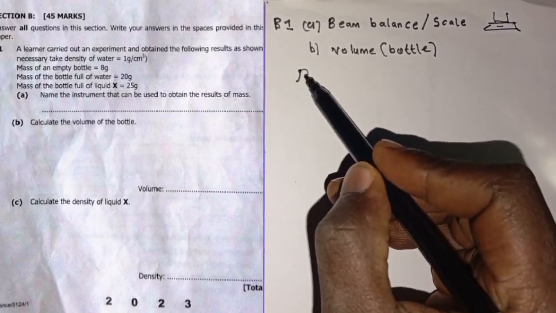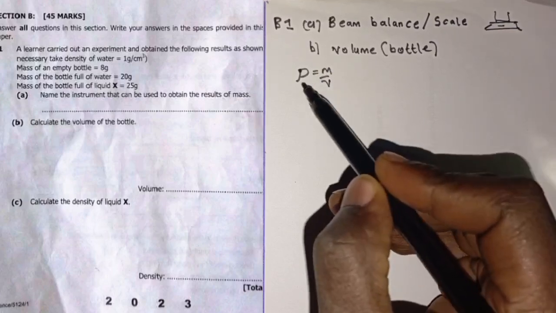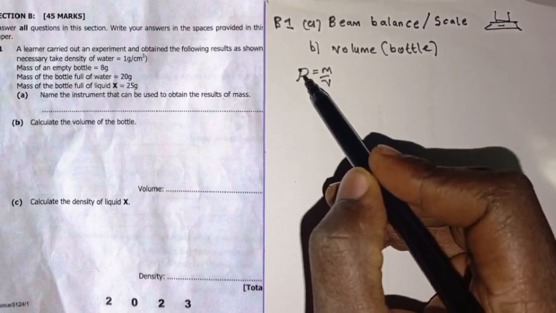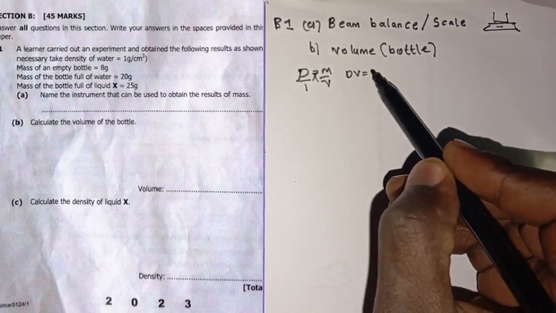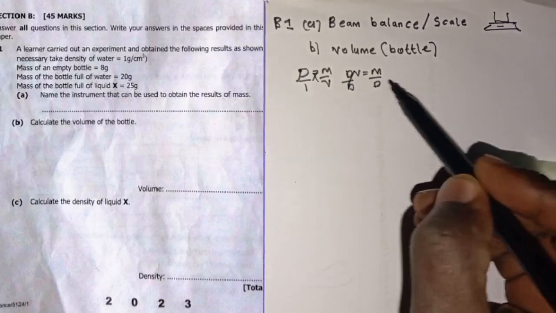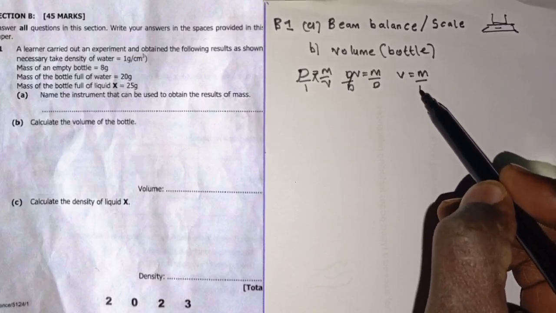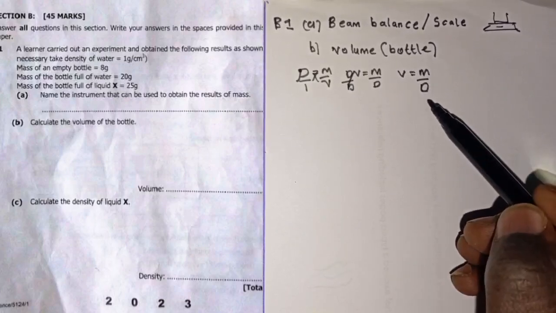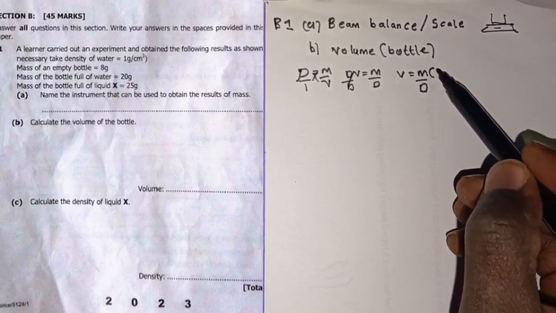First, density is equal to mass over volume. If we change the subject of the formula, we have d times V is equal to m, so dividing both sides by d, we get V is equal to m over d.